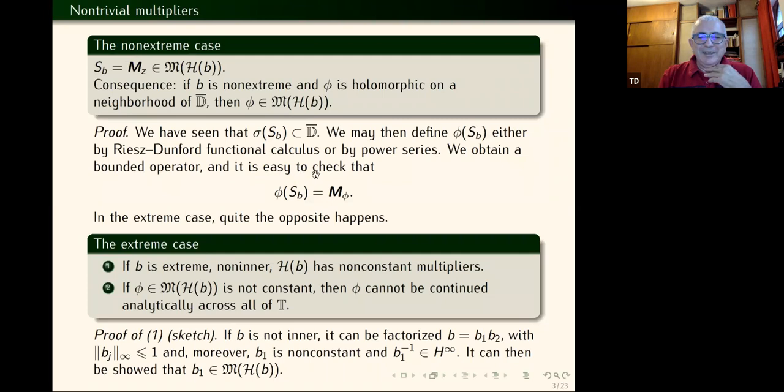I don't think there exists a clear description of all multipliers. There are necessary or sufficient conditions, but in the general case I don't think so. In some cases, like for the model spaces, it's very simple that there are no multipliers, but otherwise I don't think there is a characterization of multipliers.